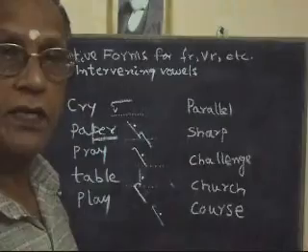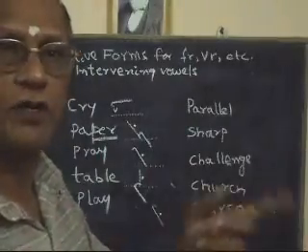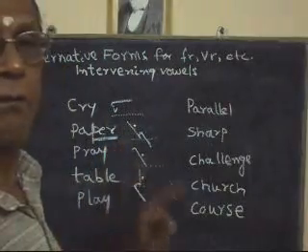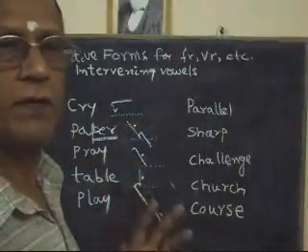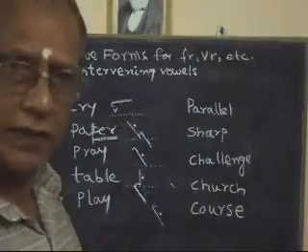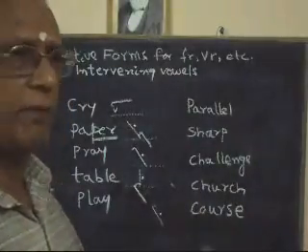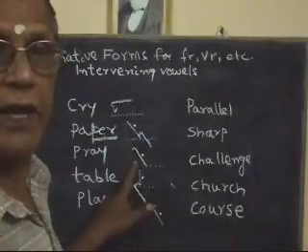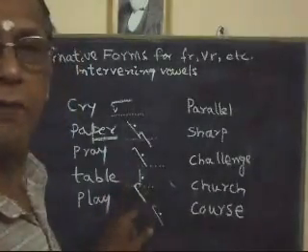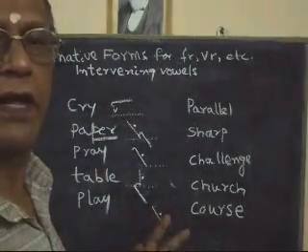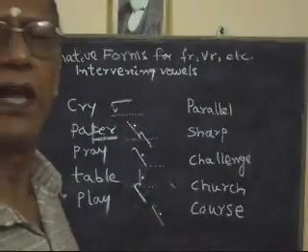Which consonants? Represented by the stroke and hook. Cry. Pray, play, table, cable, like that.